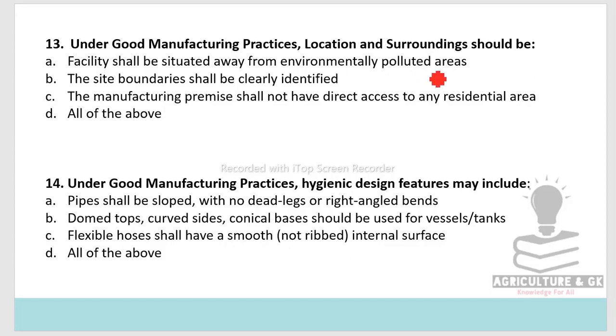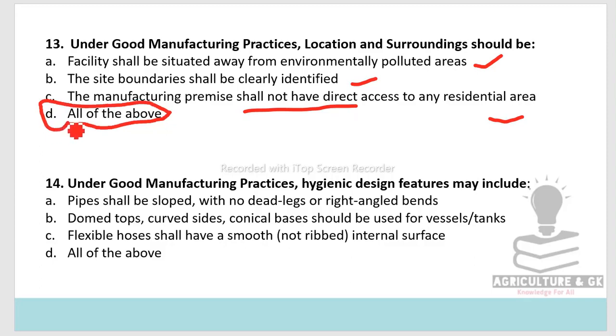So we know for good manufacturing practices, location and surroundings should be situated away from environmentally polluted areas. So it is true. The site boundaries shall be clearly identified. That is also true. The manufacturing premises shall not have direct access to any residential area. That is also true. So our answer will be all of the above. Option D will be the right answer.